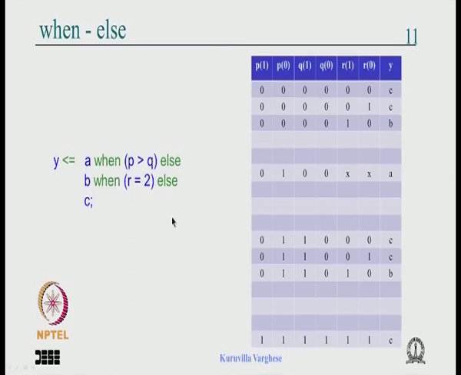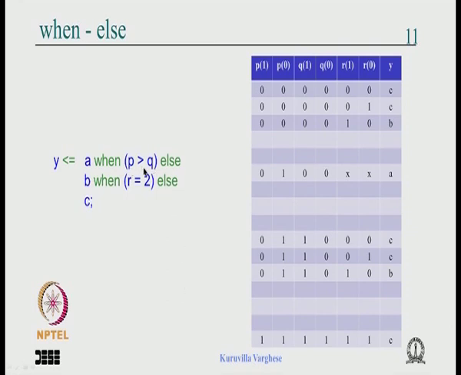which we have seen. And we have seen that when you write such a statement like A when P greater than Q, else B when R equal to 2, else C, essentially you are specifying a big truth table. We discussed it is almost 128 rows of the truth table.